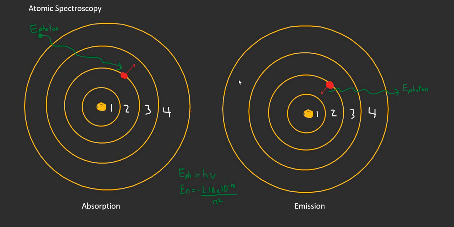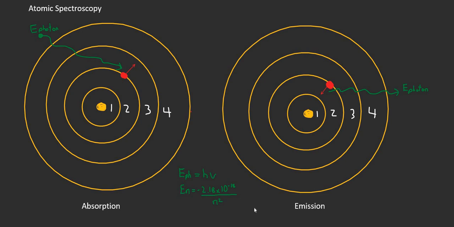So that's absorption and emission, and they're tied together with this equation here, which is the Bohr equation. And that's because Niels Bohr had a lot to do with atomic spectroscopy, as we talked about with the Bohr model.